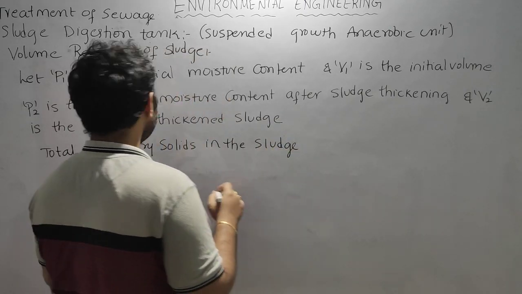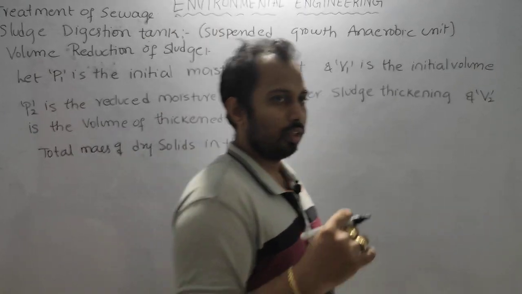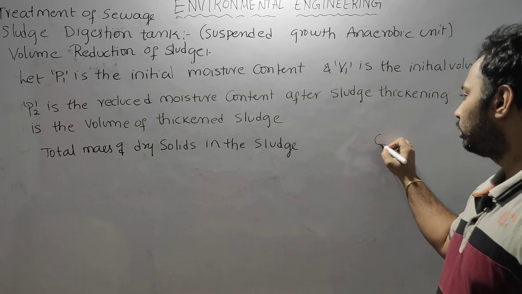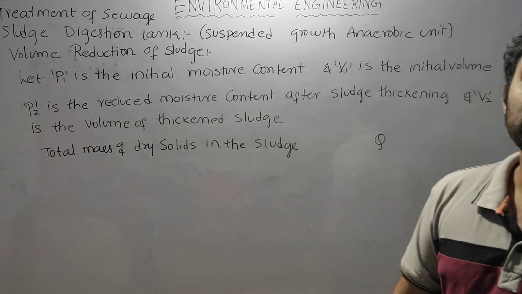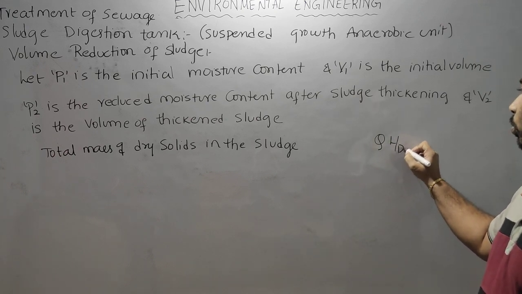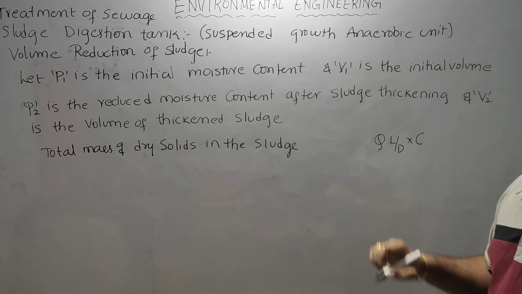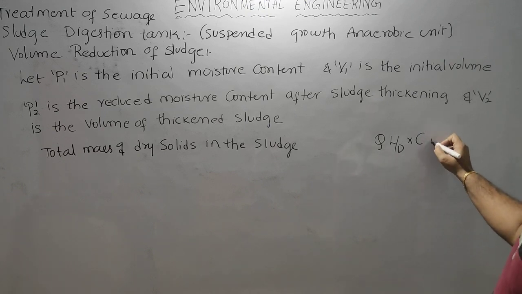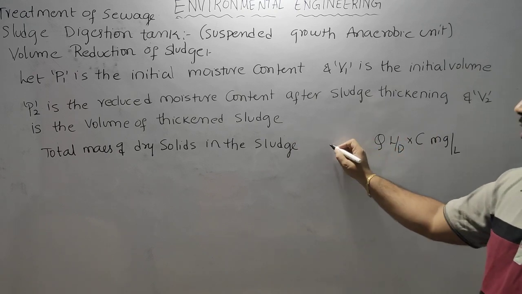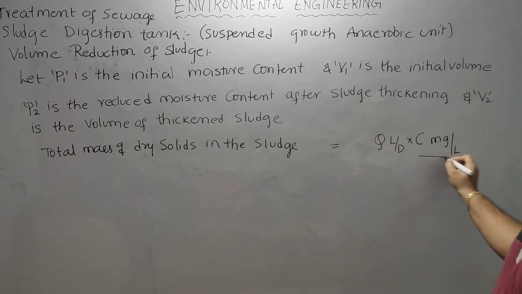When you know how much sludge is entering the sludge digester, let Q be the sludge entering the sludge digester, in liters per day. What is the concentration of the solid in it? So this is the concentration of the dry solid.